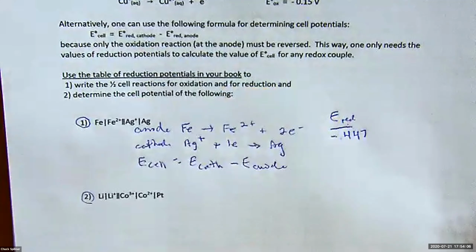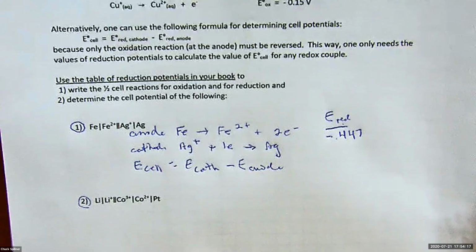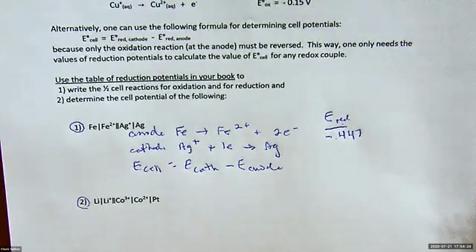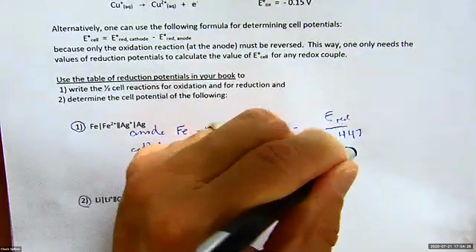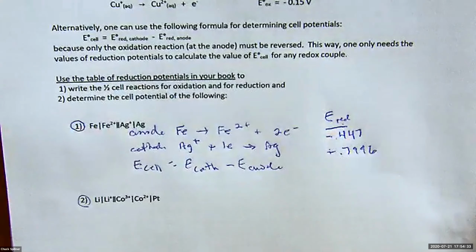So that's off the table, I'm looking at this table from your book. And the reduction potential for silver, let me find silver. Silver is 0.7996, so silver is plus 0.7996. So what we want to do is take the cathode minus the anode.